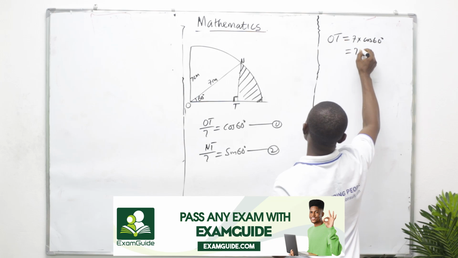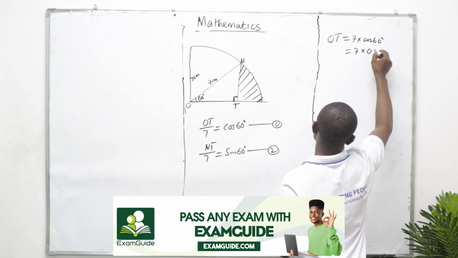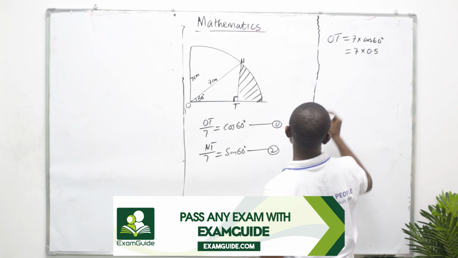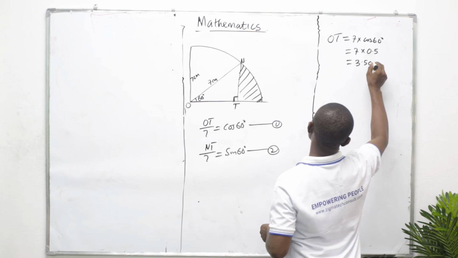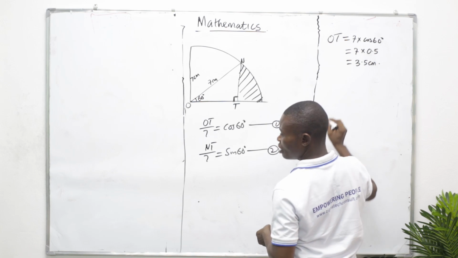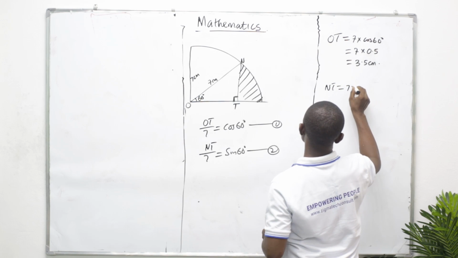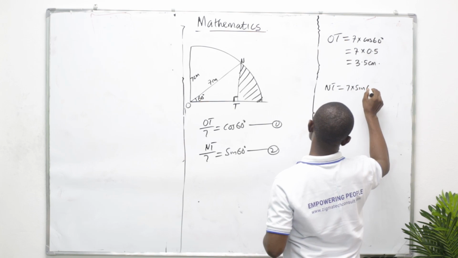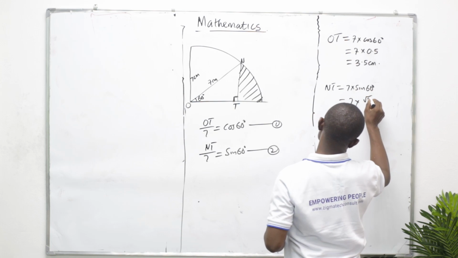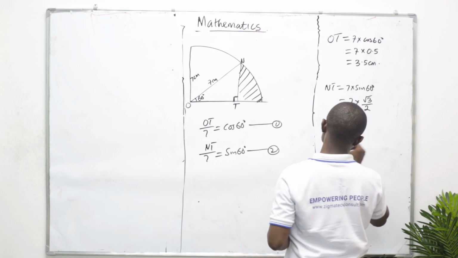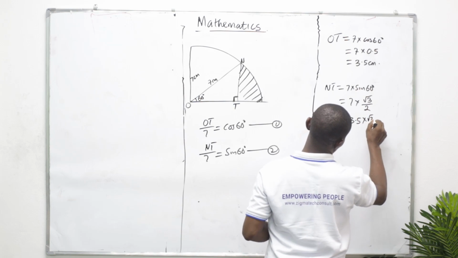Recall, cos 60 degrees is a special angle, meaning 0.5, so that OT is 3.5 cm. Good. If I want to deal with NT, NT now equals 7 sin 60 degrees. 7 times, it's also a special angle, root 3 all over 2, to give me 3.5 multiplied by root 3.